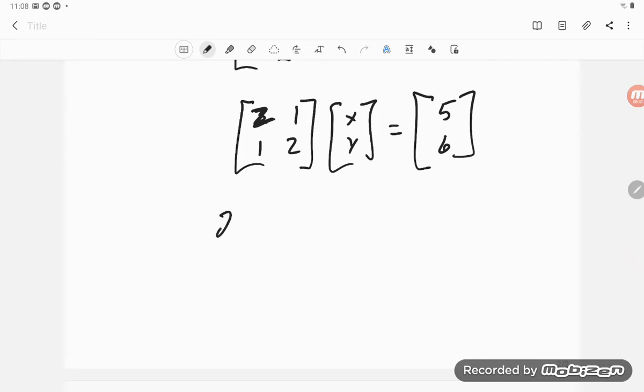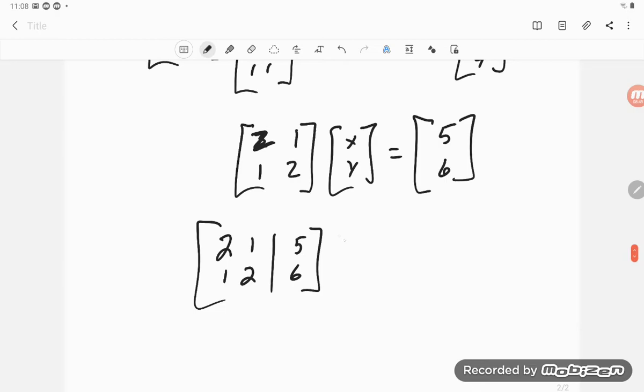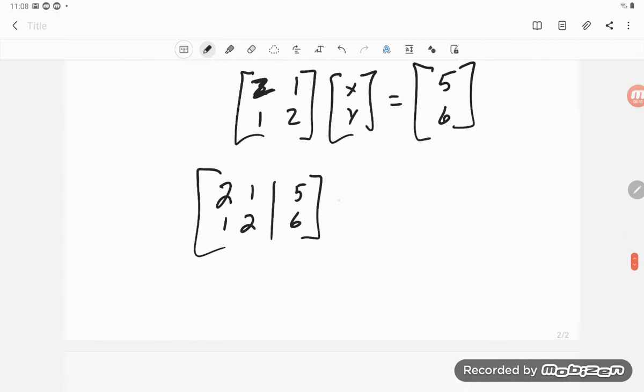Well, I'll set up my augmented matrix. And maybe I'll just swap rows to begin with. And so that goes to 1, 2, 6 and 2, 1, 5 like that.